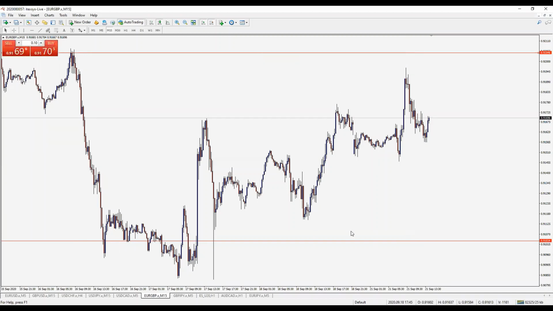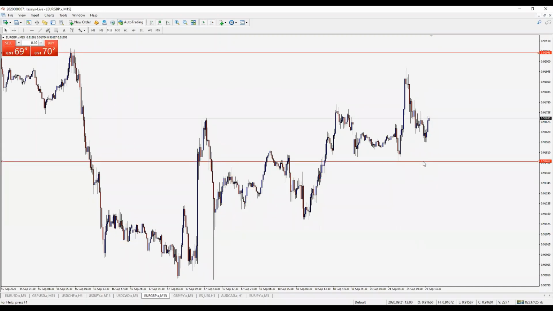What we can look for now is to see if the price will break out this last low, okay? Because we already missed the opportunity to sell on the first touch. The next situation can be, if the price will break out this low, then I will look for a good price action. I will look for a new supply actually to sell the Euro GBP.